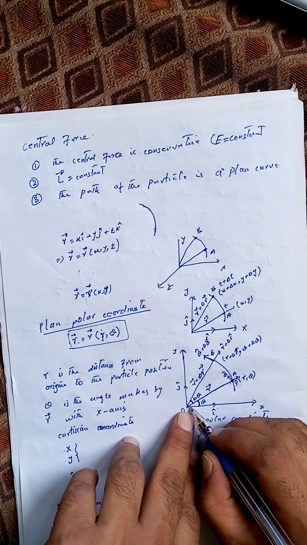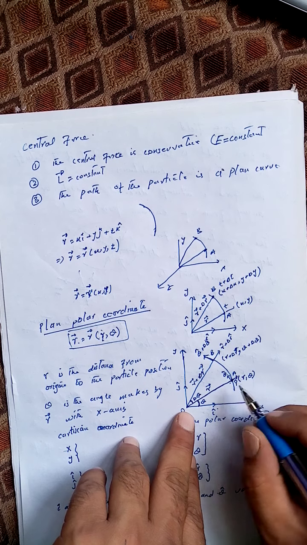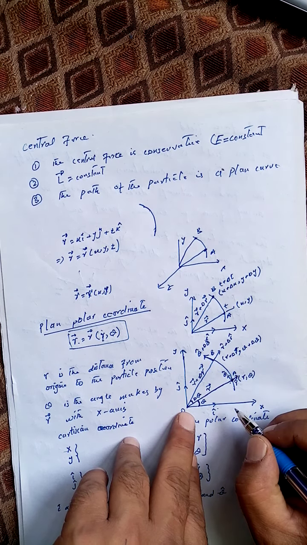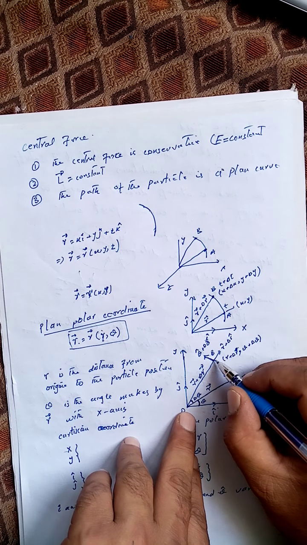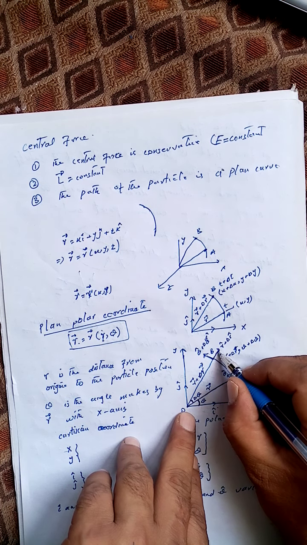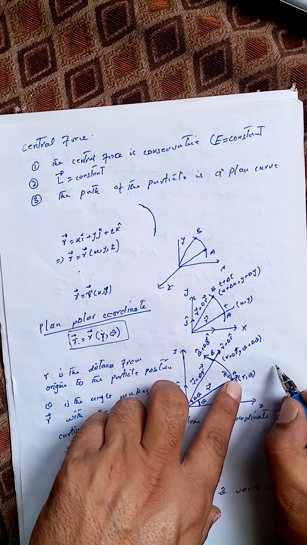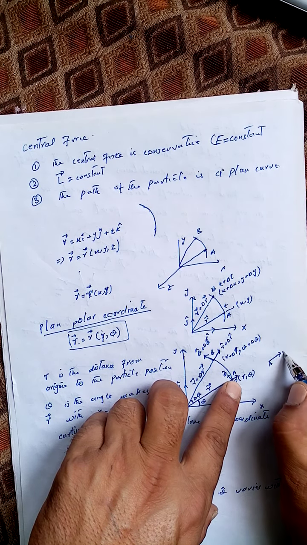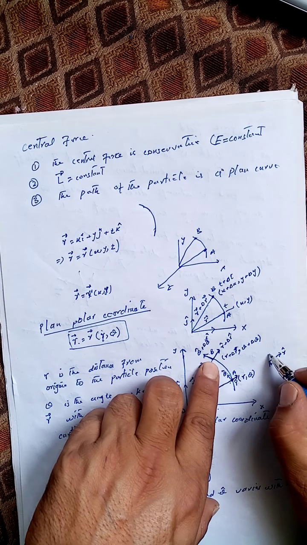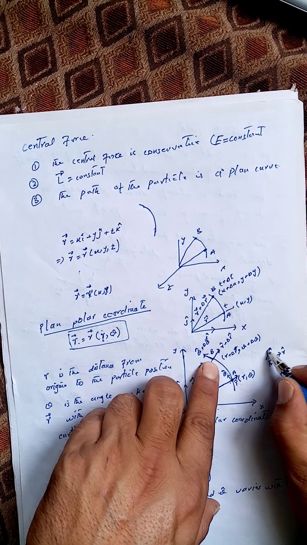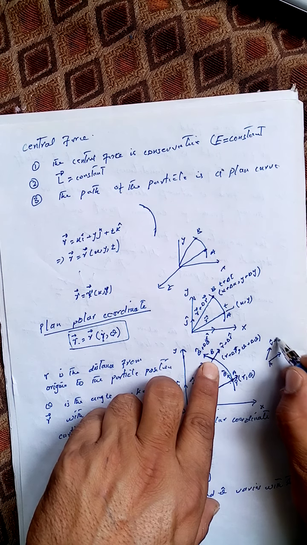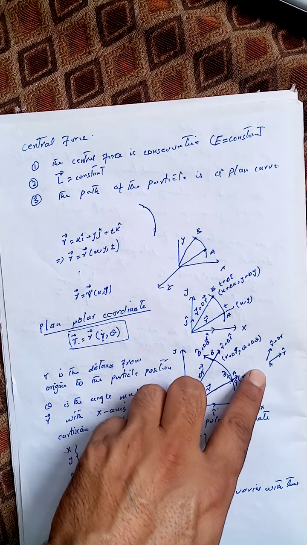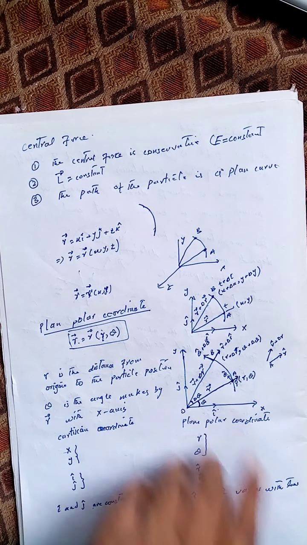If the particle is at point A, the direction of the position vector is this one. But at point B, the direction of the position vector changes from this to this. Like here, the direction is this one at point A, r, while at point B, the direction changes like this, r plus delta r. So it changes with time from point to point.